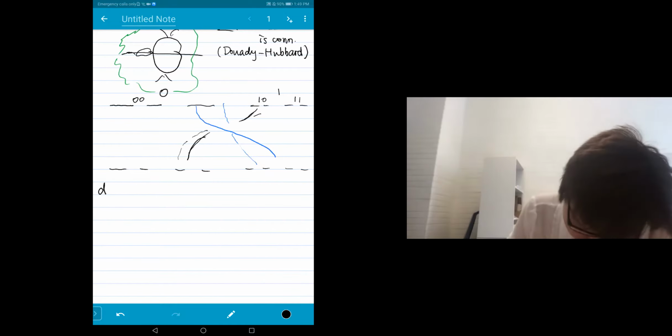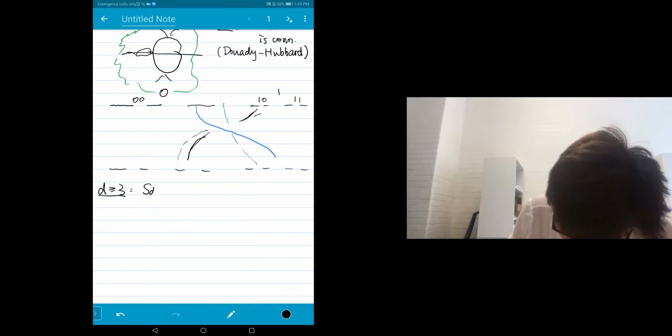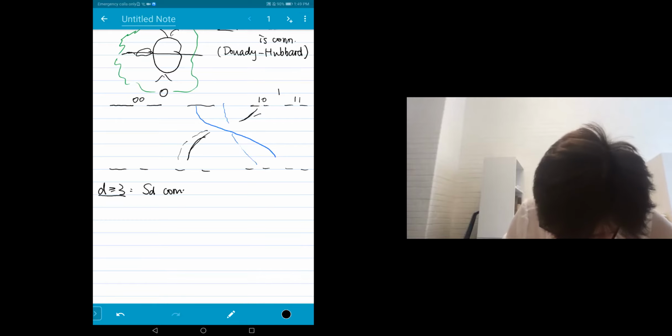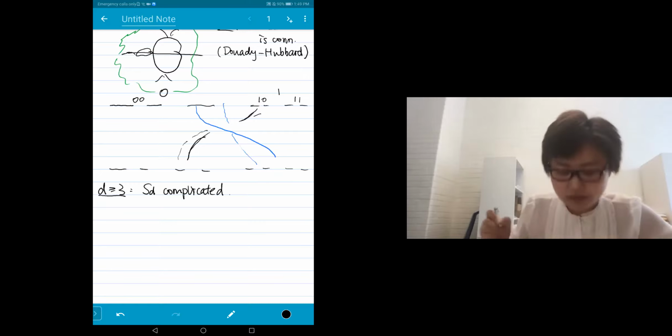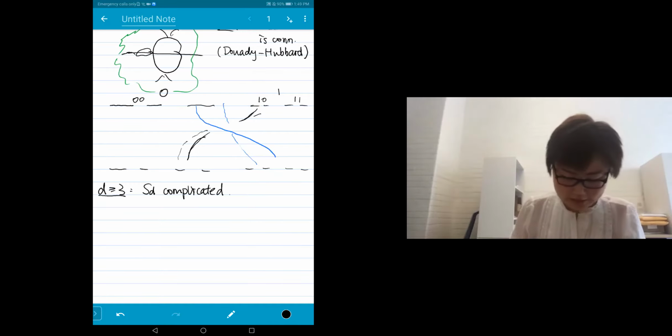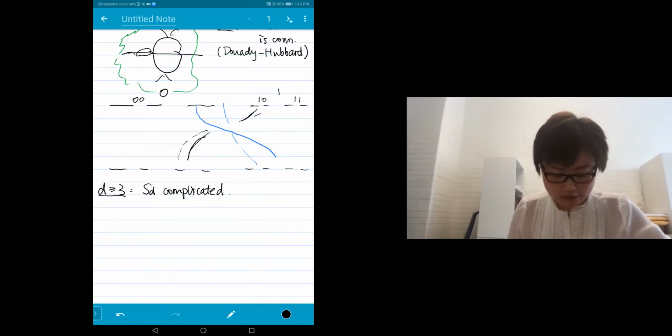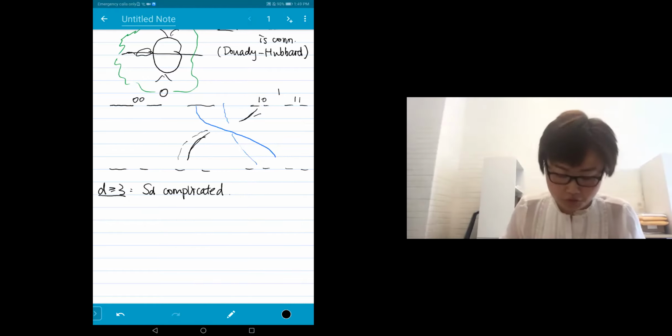When degree D is greater than or equal to 3, the shift locus is very complicated, because you have more than one critical point, and the behavior of the critical points is more complicated than in degree 2.